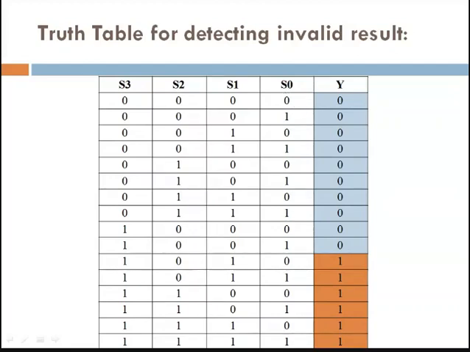So write down the 16 combinations. Now this output depends on your carry. If the sum is between 0 to 9, then the carry will not be generated, so the output is considered as 0. But for 10 to 15, the carry is generated, and these are the invalid combinations. For invalid combinations, we write the output as 1.